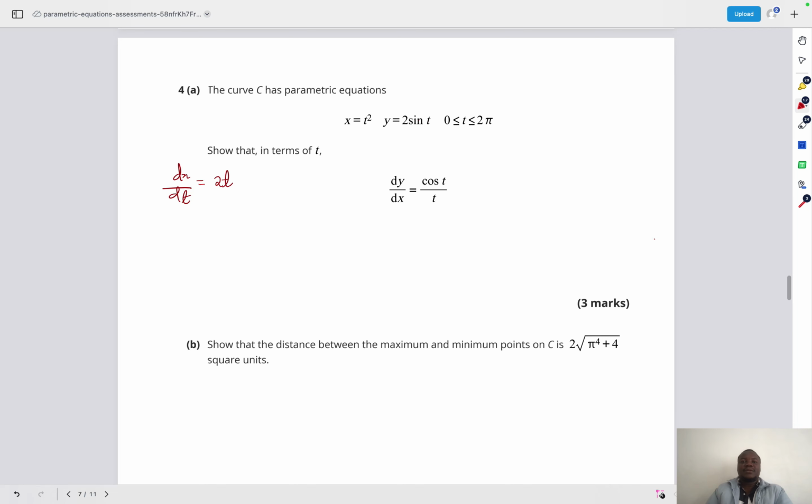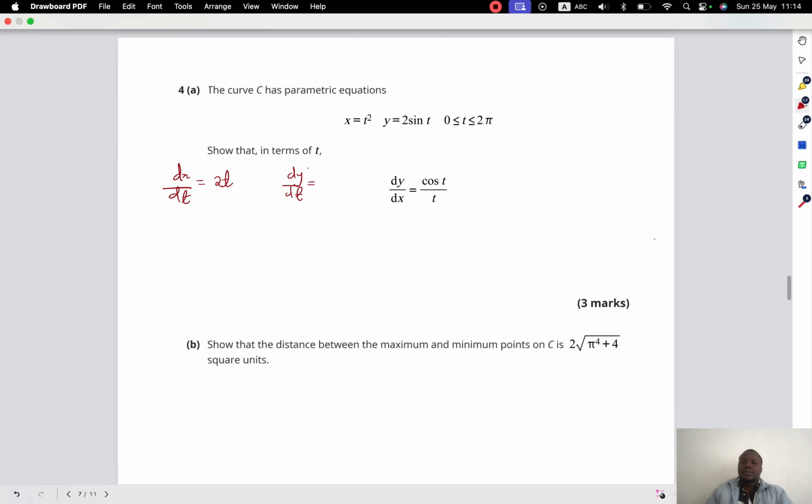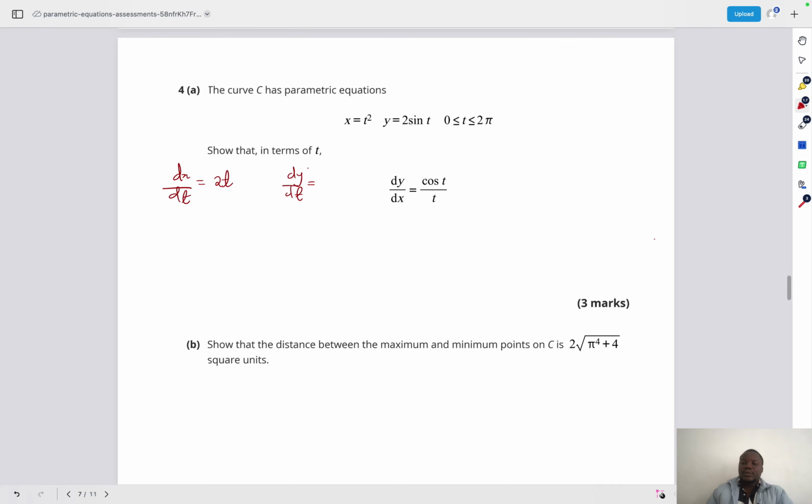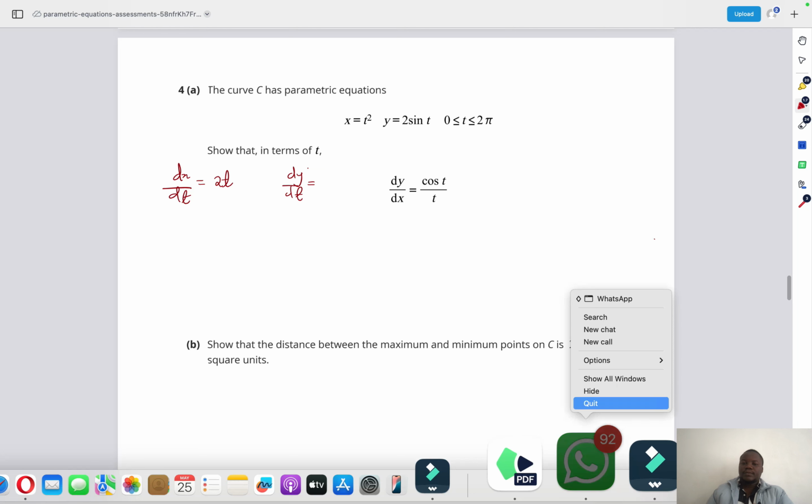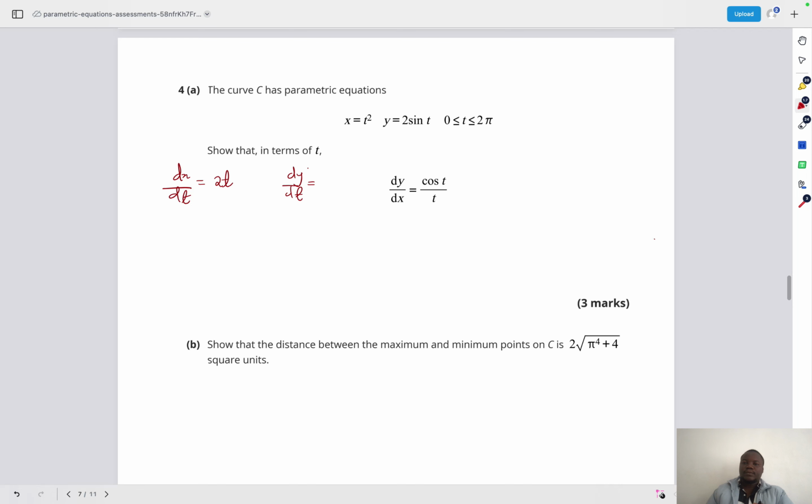And then we know that the derivative of sine is cos, so our dy/dt is equal to 2 cos t.